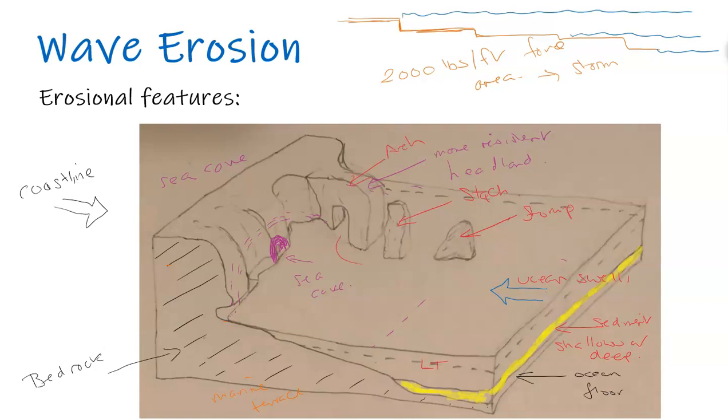The wave refraction energy causes the sea cove to pass right through and create this rocky arch, that if the erosion continued, like with the stack and the stump, this archway would collapse in, be transported away through the riptides or longshore current or storm systems, and leave a new stack right here to accompany this one.